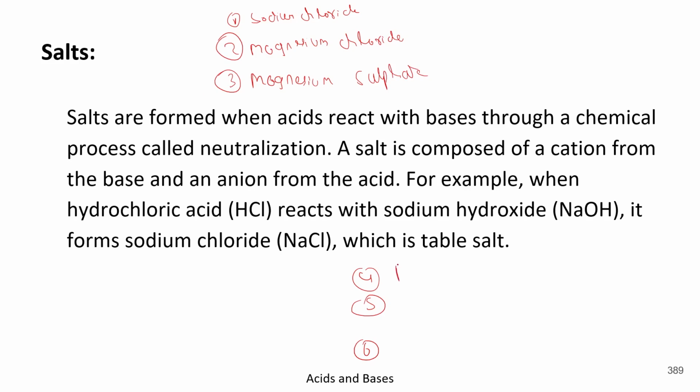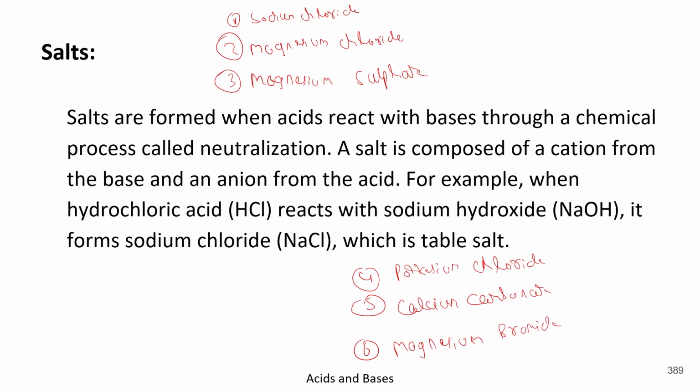Fourth one is potassium chloride. Fifth one is calcium carbonate. Sixth one is magnesium bromide. So basically these are the 6 types of salts which we find in the oceanic water.